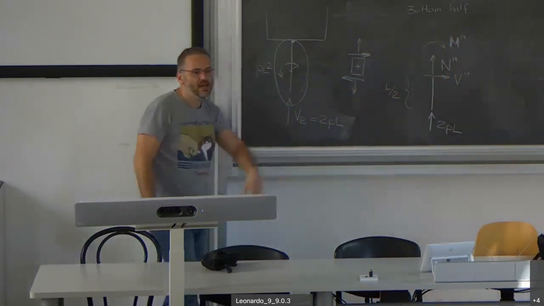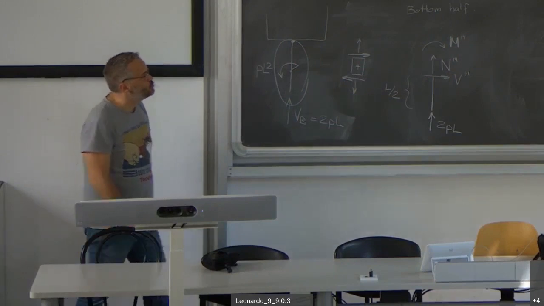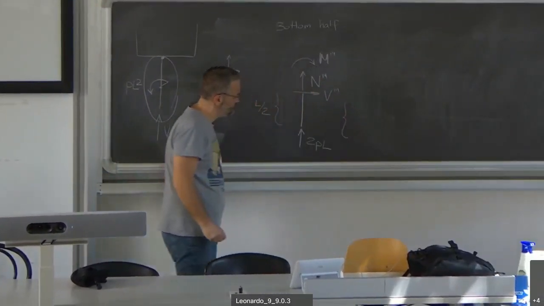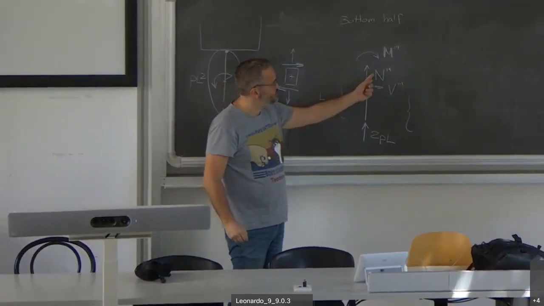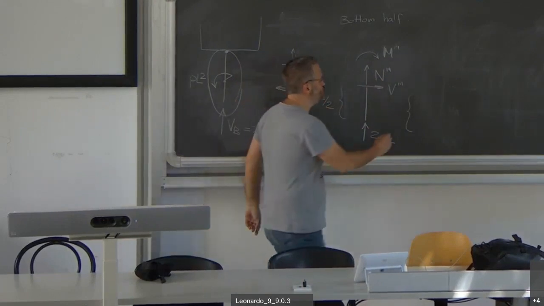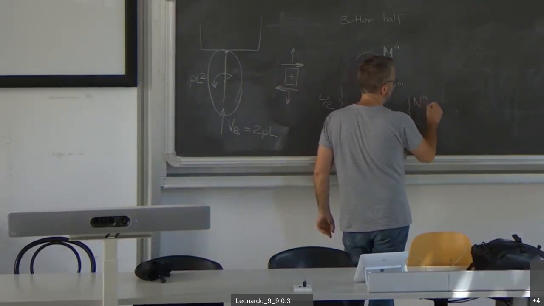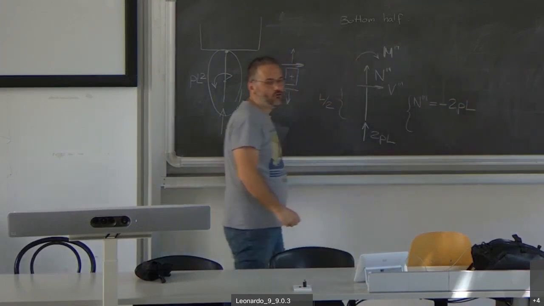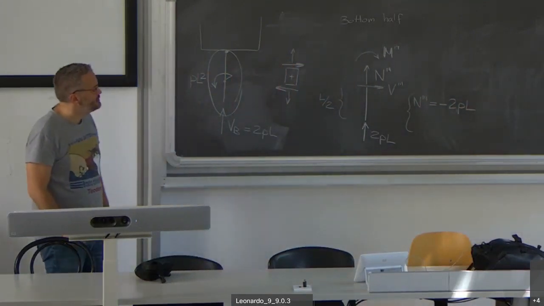Tension to the left. What do my equations tell me? Simply that N third plus 2PL, they are both upwards, so the solution is N third equals minus 2PL. What do I know from this? Why minus?